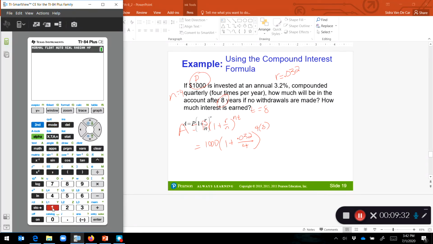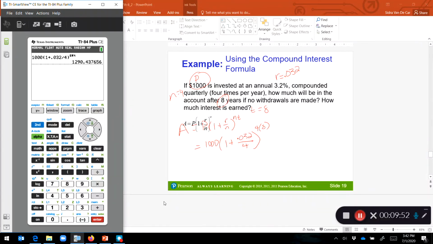So I'm going to go 1,000, 1 plus 0.032 divided by 4, close the parentheses, to the 8 times 4.